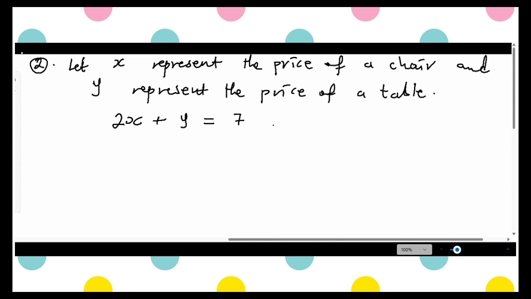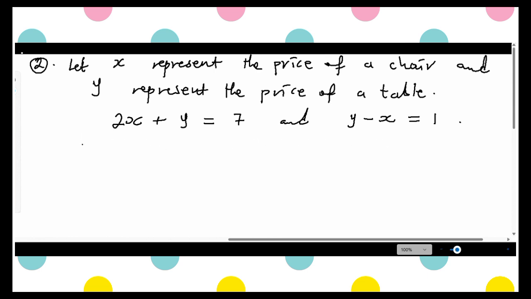And then the next equation, we said subtracting the price of a chair from that of a table. So it means if the chair is x, we're going to subtract x from the table, which is y, and that gives us what? 1. So these are the equations that we can formulate from the question.